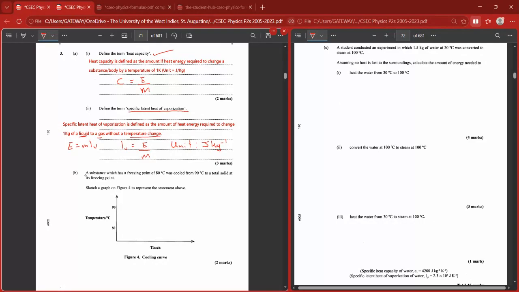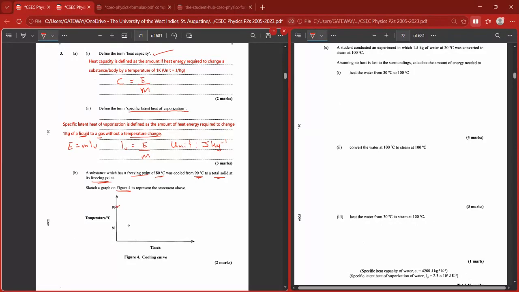Now part B: a substance which has a freezing point of 80 degrees, which means that this temperature will be fixed, no temperature change when freezing is occurring, was cooled from 90 degrees to a solid at its freezing point. Sketch a graph on figure 4 to represent this information. Now this would happen over a period of time, right? So when the time is 0, it will be at 90 degrees.